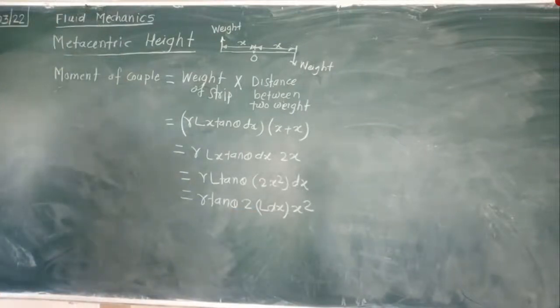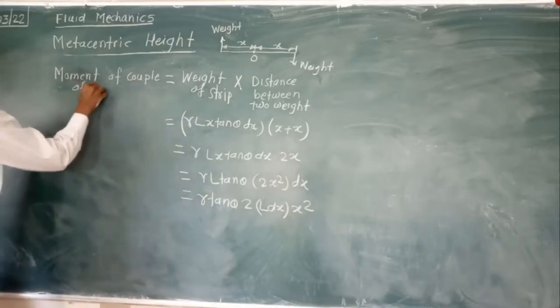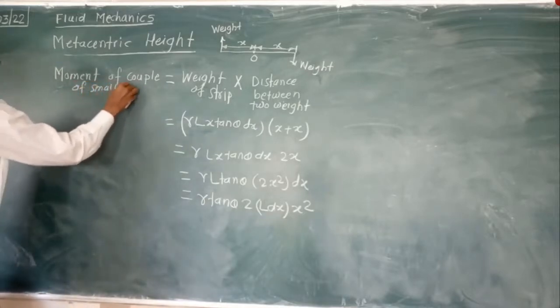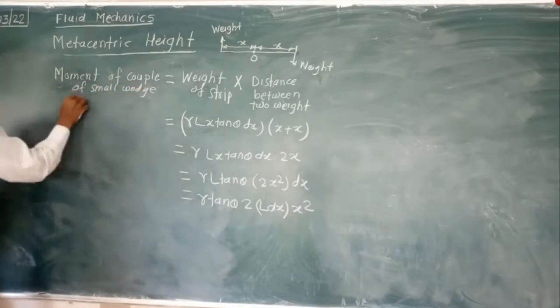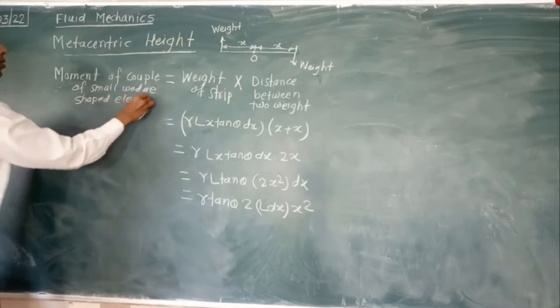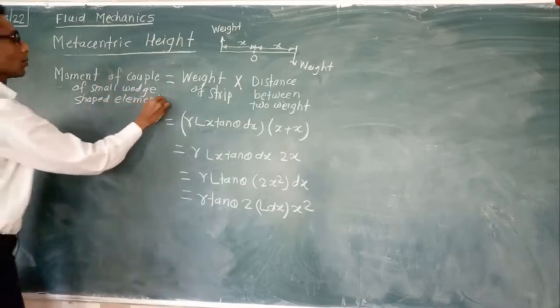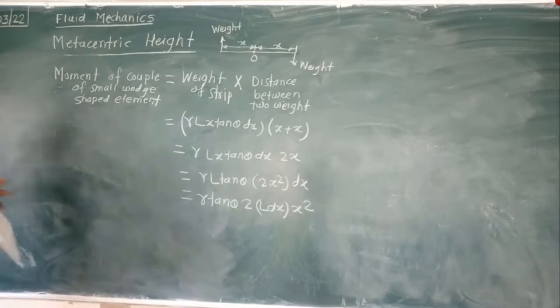Okay, now this is the moment of couple of small wedge shape element. This is the formula that we have written, of the small elementary portion. We want the couple of the whole surface, which we look at in the plan.